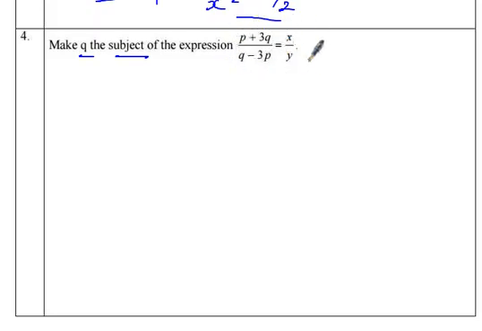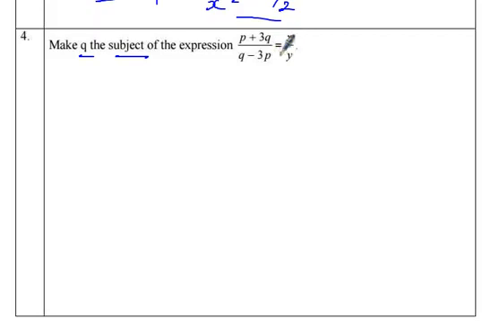When you want to make Q the subject of this equation, that means we need to have Q left on one side. When we look at this, we notice that we have 2 Q's, one up here and one down here, so we should bring them together. So how can I bring them together given that I have fractions on both sides of the equation?